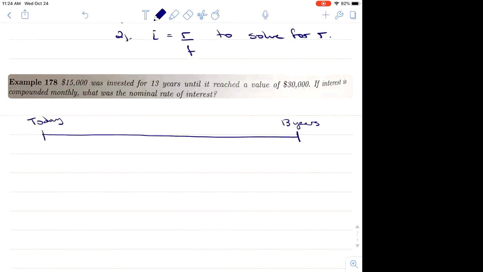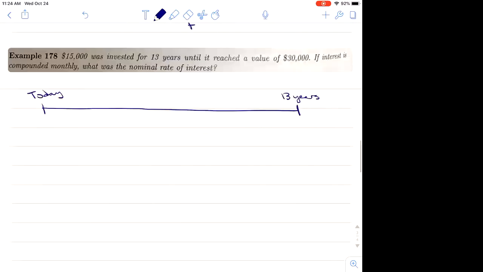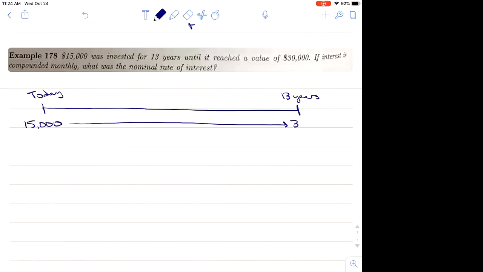We know that I invested 15,000 today, and it's going to grow to 30,000. In terms of present value and future value, our present value is 15,000 because it's on the left-hand side of the arrow. Future value is the 30,000 because it's on the right-hand side of the arrow.